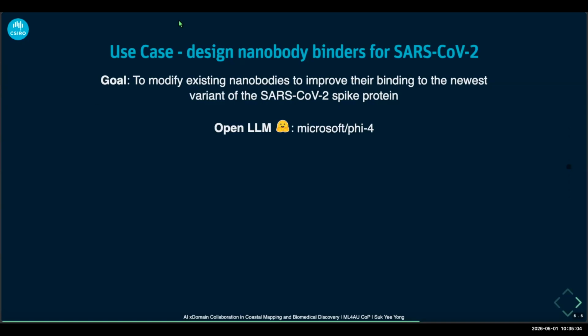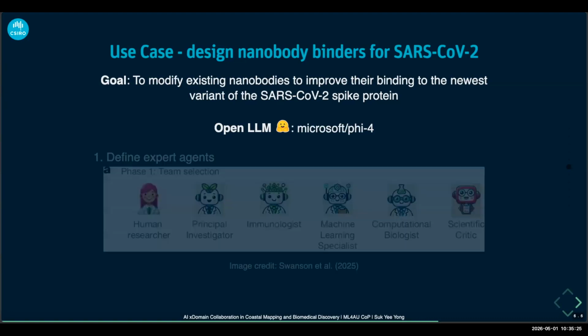Their goal is to modify existing nanobodies to improve binding to the newest variant of the SARS-CoV-2 spike protein. In this case, I use Microsoft Phi-4. It's just because it's quick to compute and it's relatively small, I would say, smallish.